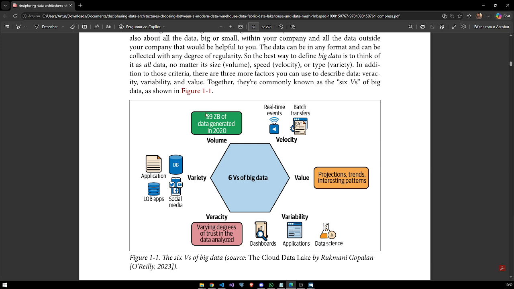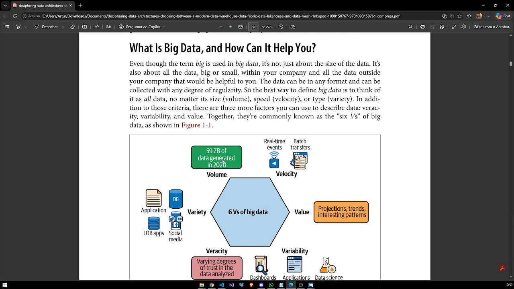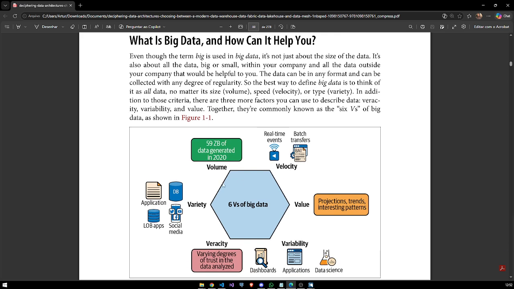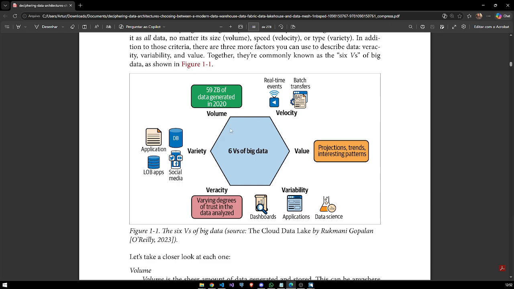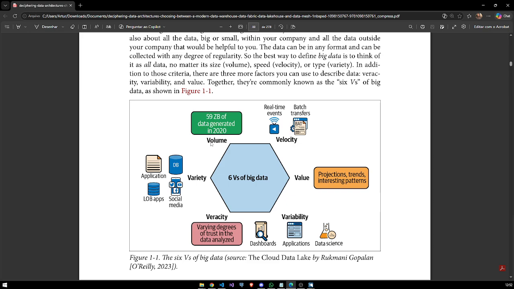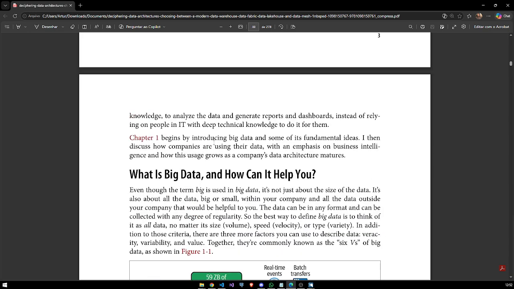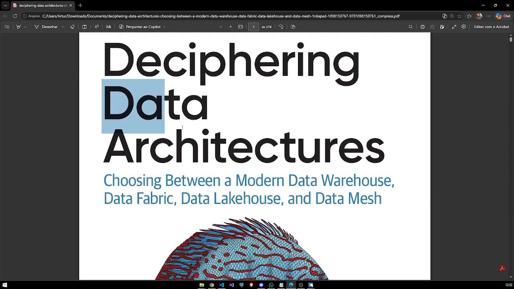The volume is about 59 zettabytes of data generated. This is information from 2020. I am showing you a part of the book Deciphering Data Architectures.